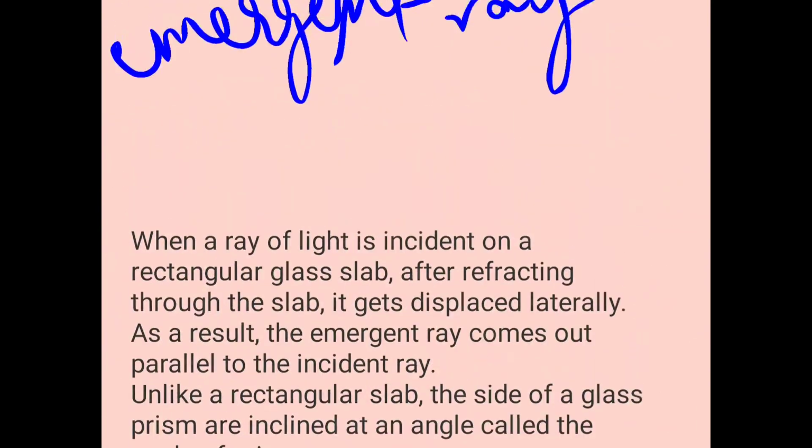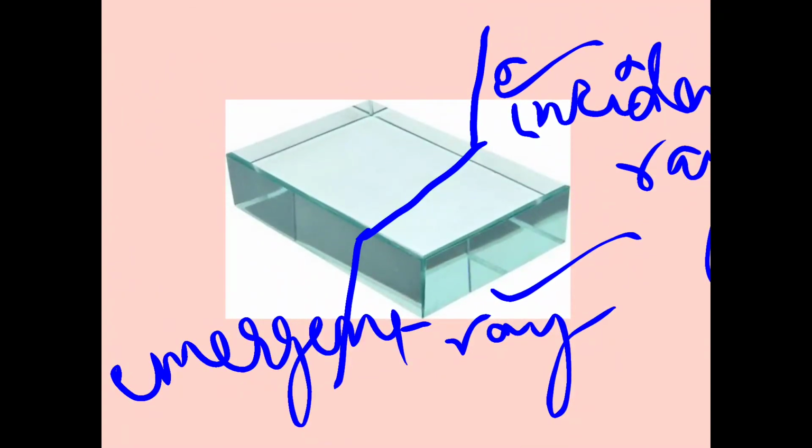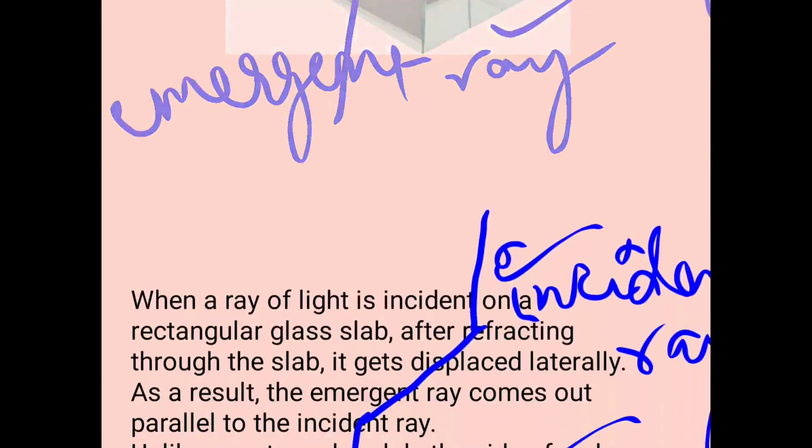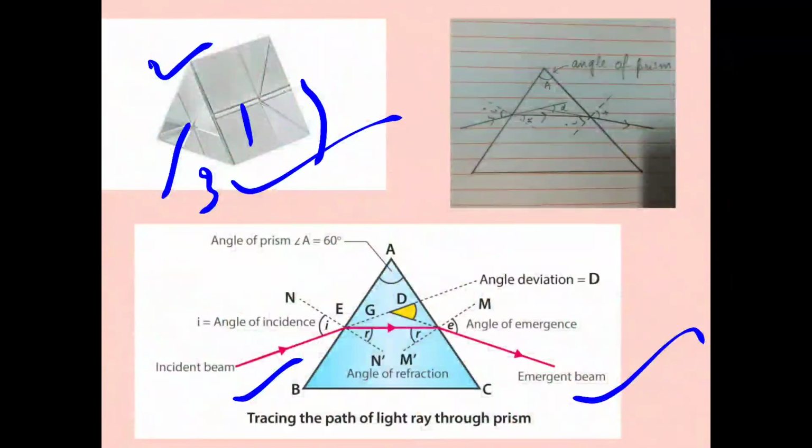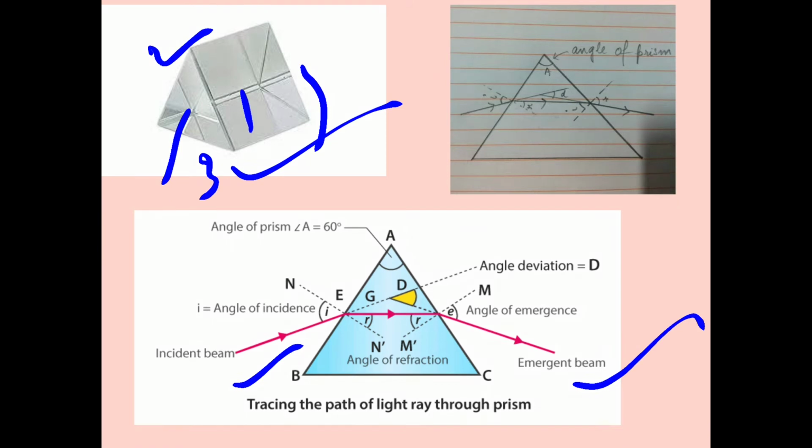But now we can see the difference between the rectangular glass slab and the prism. The glass slab has parallel refracting surfaces, as we can see in this image, right? And the glass prism has inclined surfaces, with two triangular bases and three rectangular lateral surfaces.